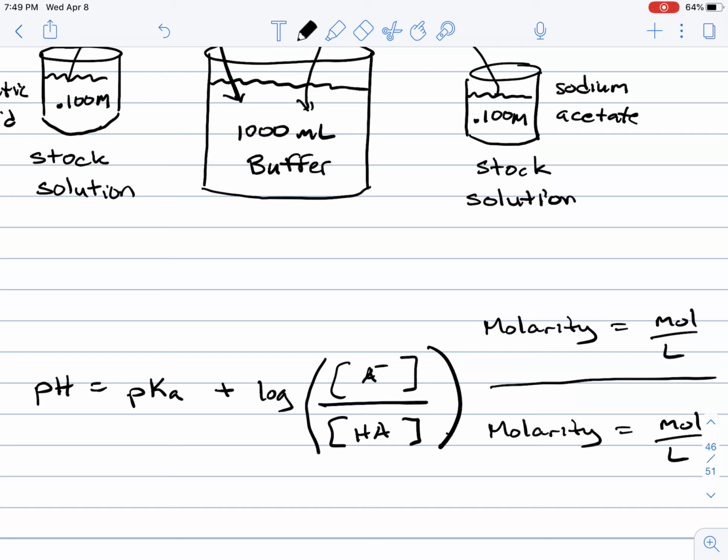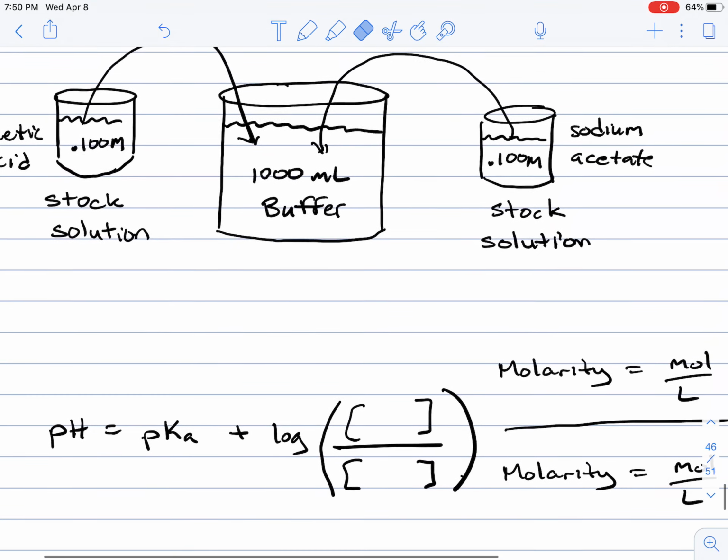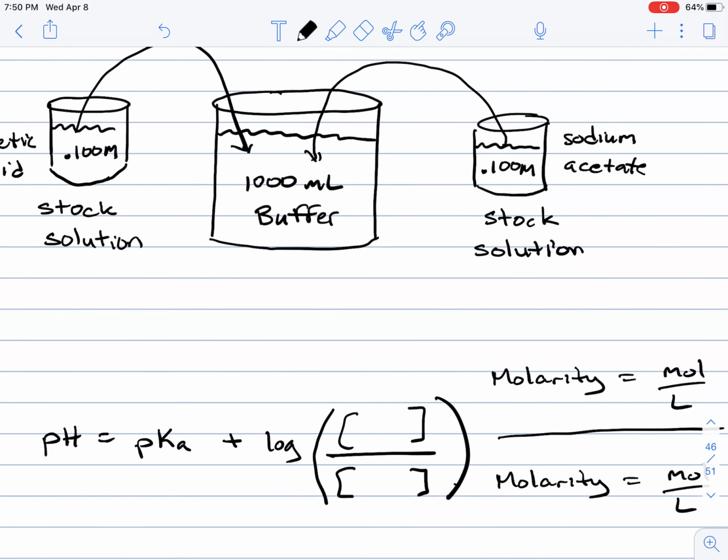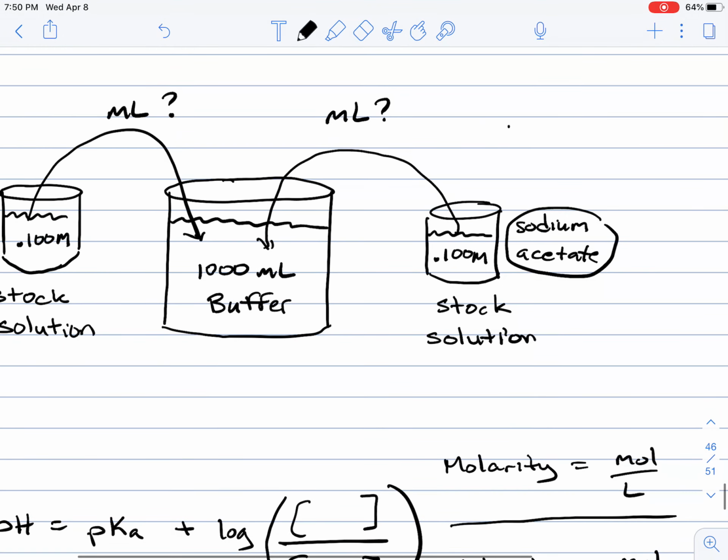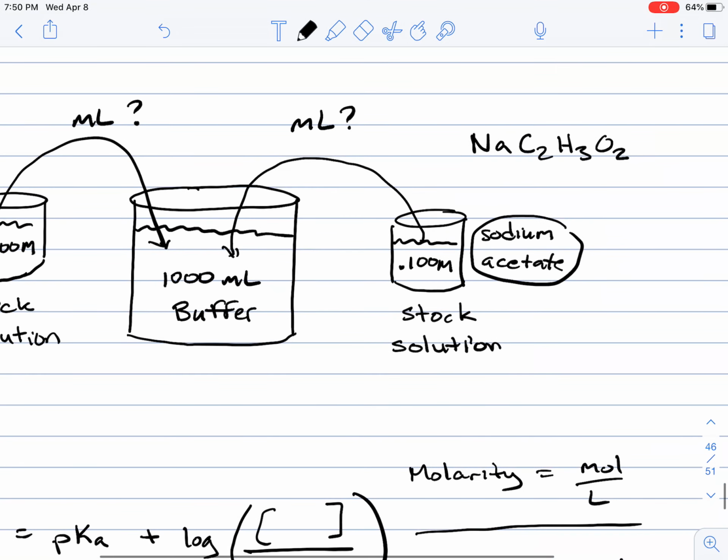I'm going to identify the specific substances that we're going to be plugging into this Henderson-Hasselbalch equation. Sodium acetate is going to be NaC2H3O2. If you recall, sodium is typically our spectator ion, and it doesn't affect the pH of our solution.